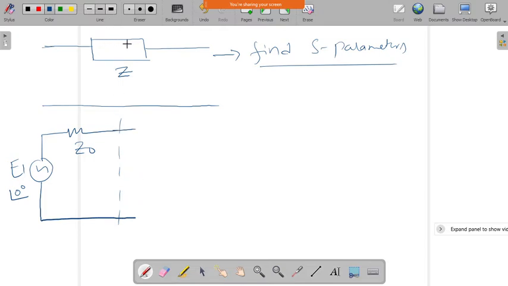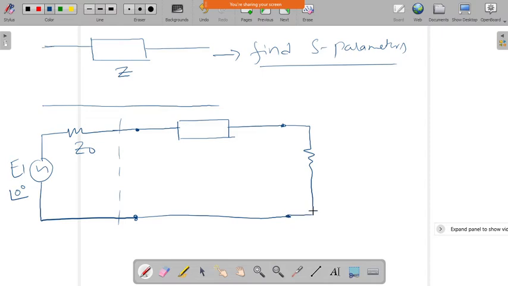Now let us insert our network, for which we need to find the S parameters, and we have the output load with an impedance of Z0.